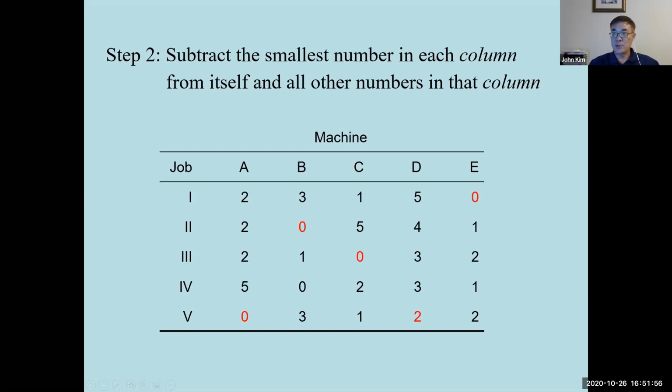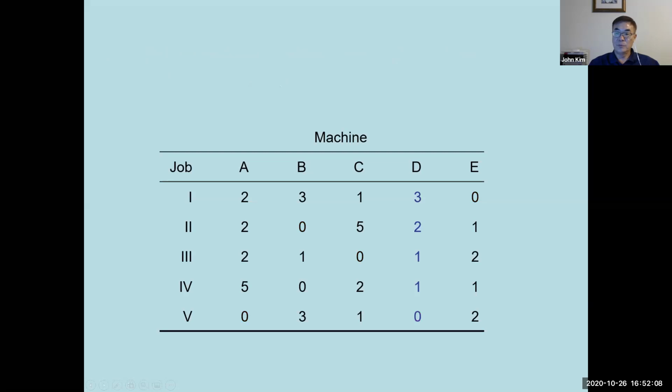So subtract, then change. 5 minus 2 is 3, 2, 1, 1, 0. Are you with me? So far, yep. Any questions? Doing okay? Okay, next step.